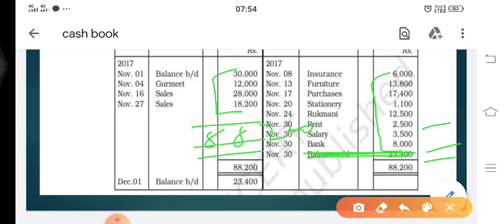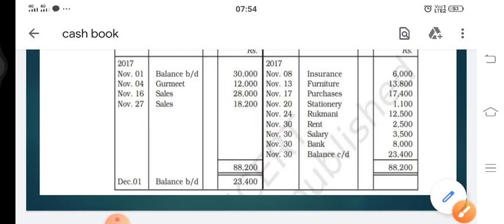I already have added them and found the total of 64,800. As you can see, debit side total is 88,200 and credit side total is 64,800. So definitely debit total is greater and credit total is lower. The total which is greater, we have to write on both sides, that is debit side as well as credit side.